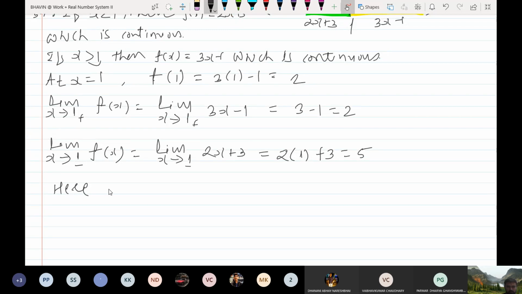Here, limit x tends to 1 plus f(x) is not equal to limit x tends to 1 minus f(x), both exist.